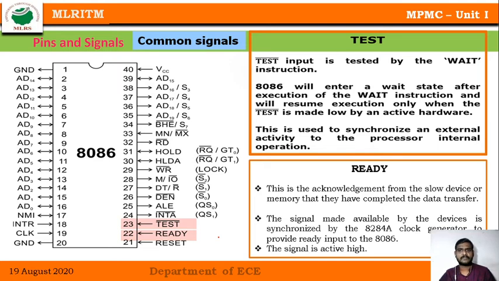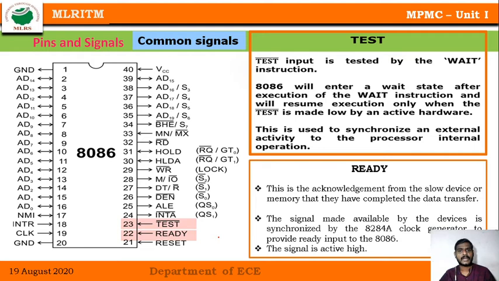This signal made available by the device is synchronized by the 8284A, a clock generator, to provide a ready input to the 8086, which indicates that this pin should be connected to another IC called the 8284 clock generator IC, which provides the necessary clock signals for the 8086 processor to test whether this particular device is connected or not.